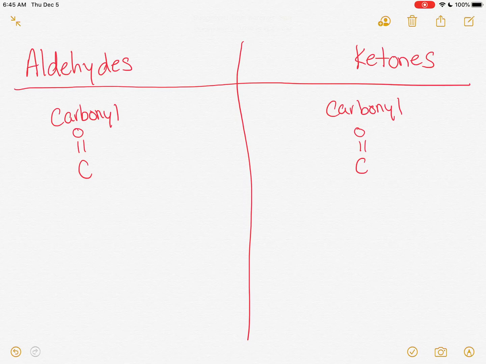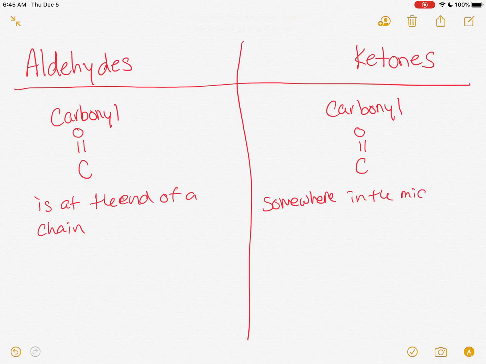And the difference between aldehydes and ketones is in aldehydes, the carbonyl is at the end of a chain. And with a ketone, it's somewhere in the middle, meaning not at the end.